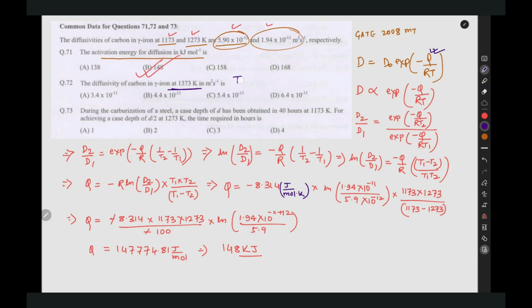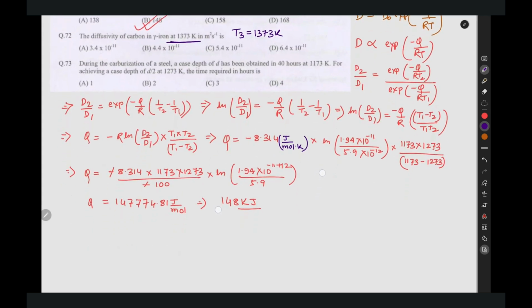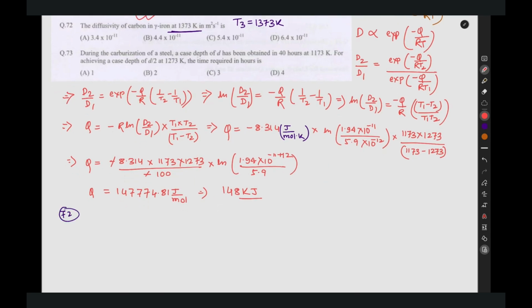Let's call it T3, 1373 Kelvin. Now similar to the previous question, D is proportional to exponential minus Q by RT. Again, like the previous case, we can take the ratio. This time we will take the ratio of D3 upon D2.